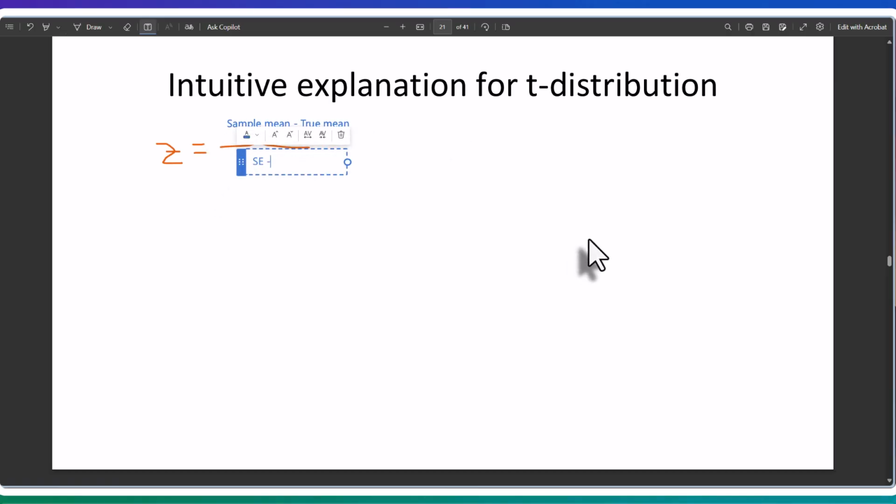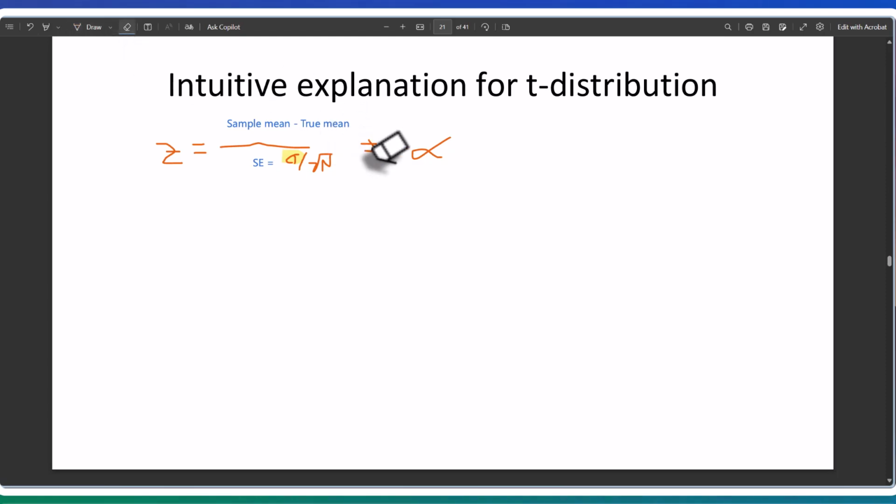And remember, our standard error is nothing more than sigma, our population standard deviation, divided by the square root of n. What I wanted to turn your attention to is that the z statistic has the sigma in the denominator.